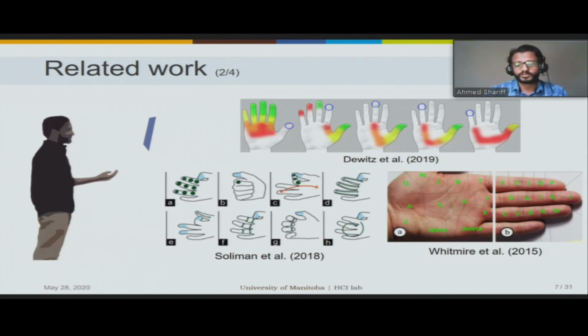Several studies have looked at which parts of the hand are comfortable to interact with. Among the literature on hand interfaces, we are particularly interested in the work related to micro gestures, that is, gestures that are related just to the hand itself.